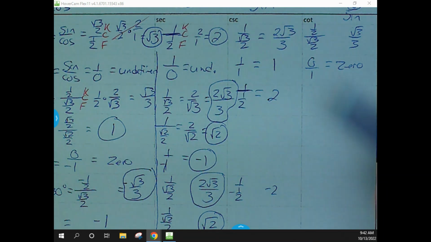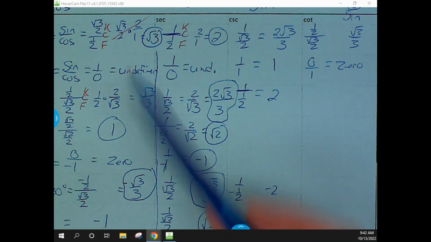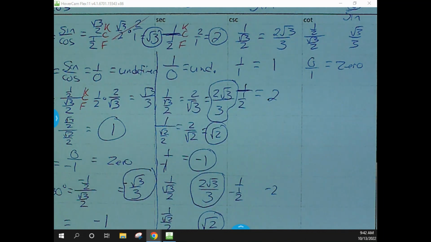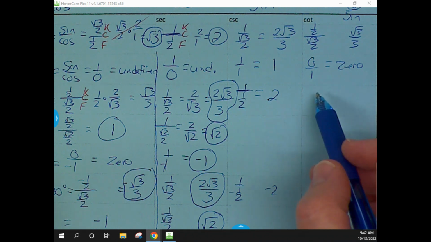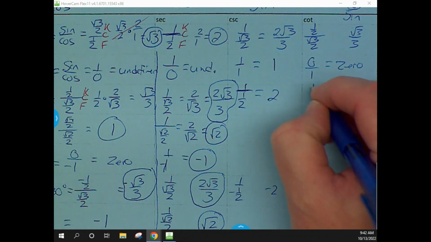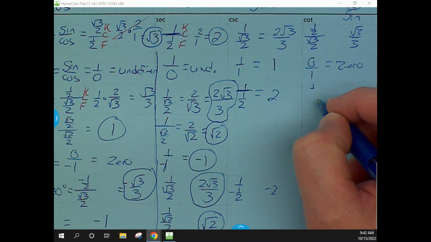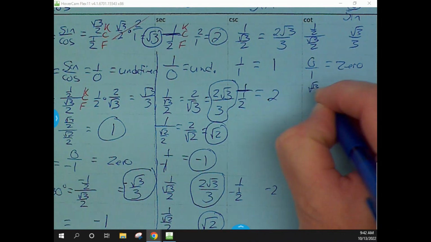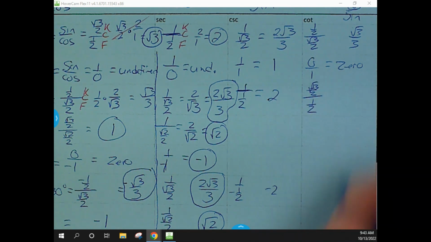Every answer that's in cotangent, you've already done it in tangent, you just have to go find it. So you don't actually have to work it out, you just need to see where it is. If you do number 3, it's going to be, sorry, square root of 3 over 2 over 1 half.